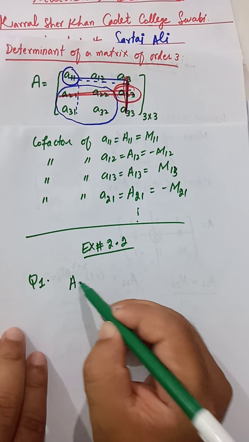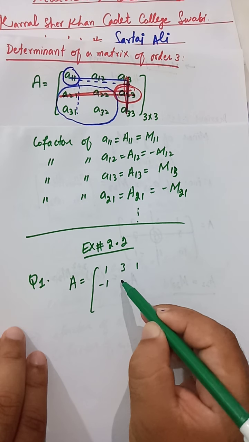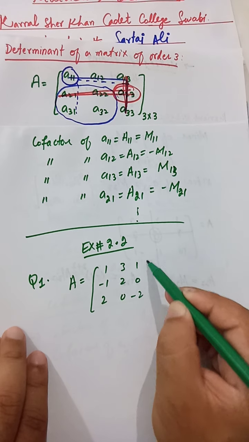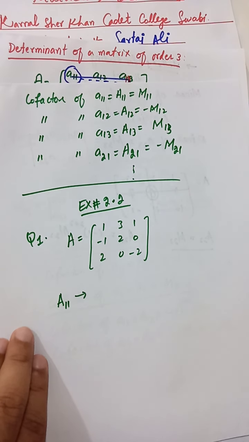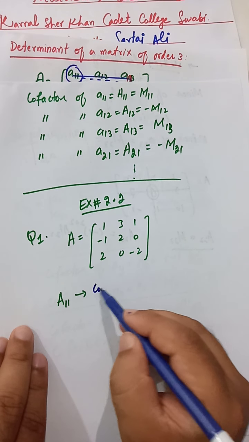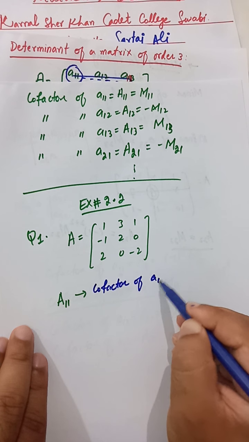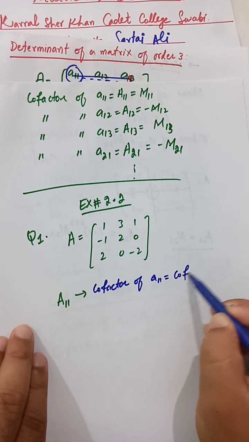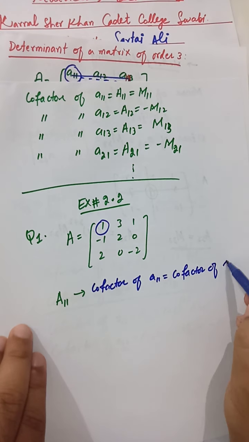So the matrix A is 1 3 1, minus 1 2 0, 2 0 minus 2. Find the cofactor A11. This is the notation for the cofactor of A11, where A11 is 1.